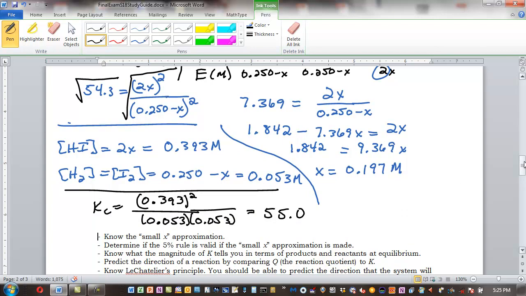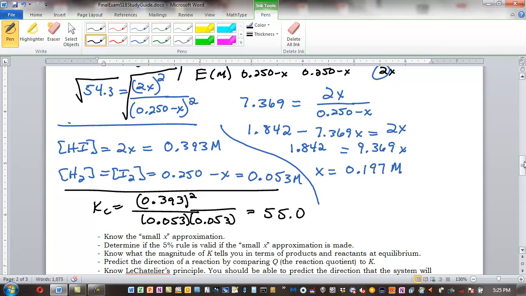So did we do it right? Relatively, yeah. It's probably just rounding. If we carried extra sig figs here in these two numbers and here, but we're pretty close to the 54.3. So we probably solved this correctly.